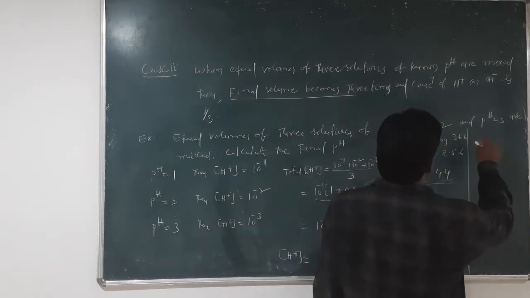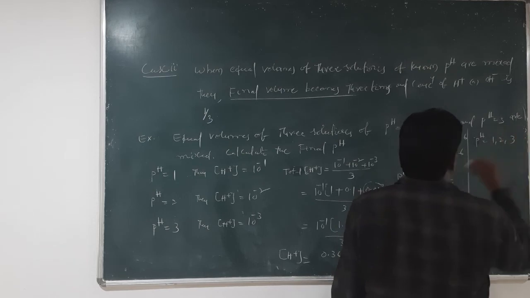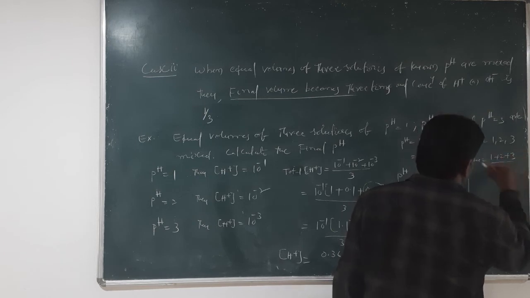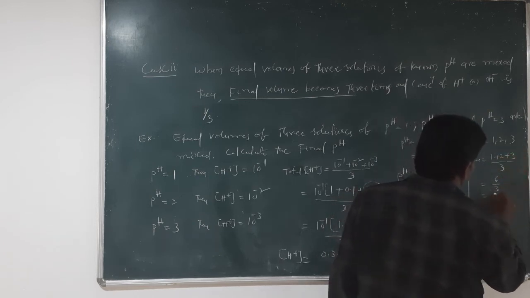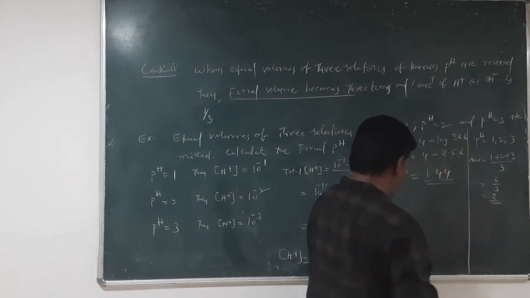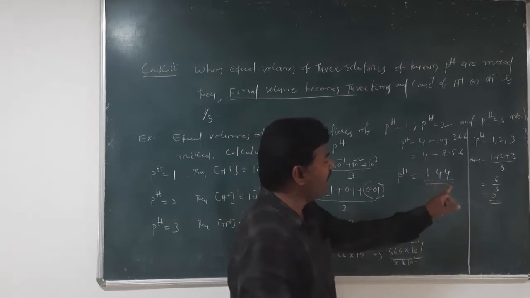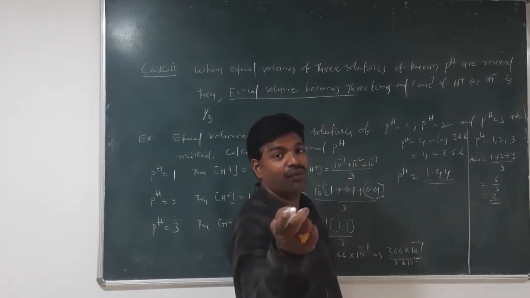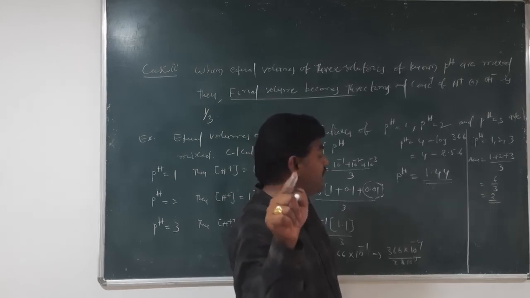So here the given pHs are 1, 2, 3. The average is 1 plus 2 plus 3 by 3, so that is 6 by 3, and it is 2. So the average is 2, and as I told you, subtract 0.56.